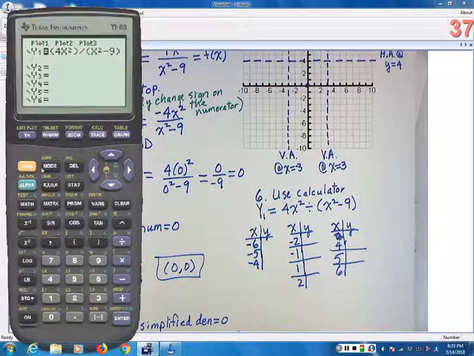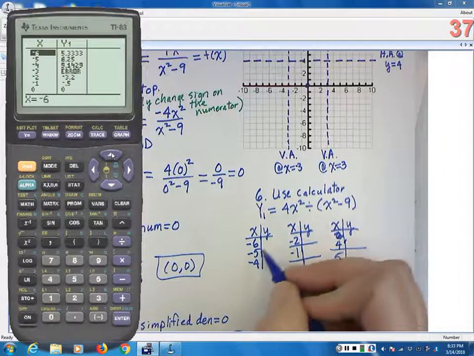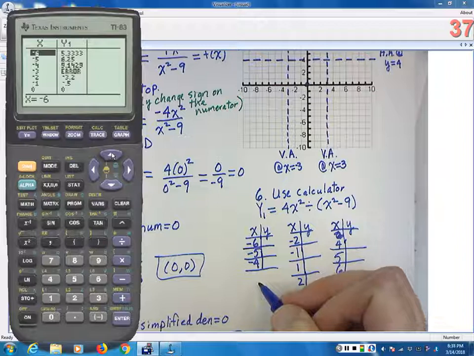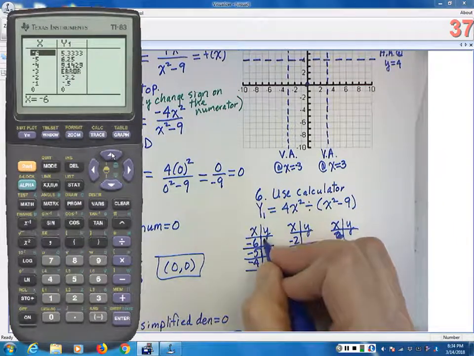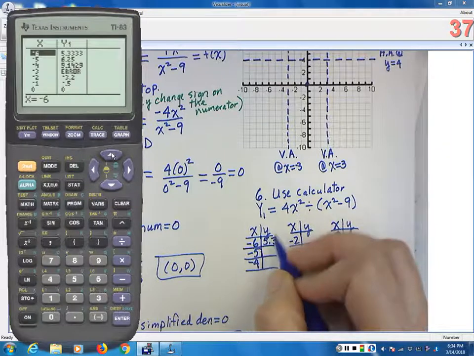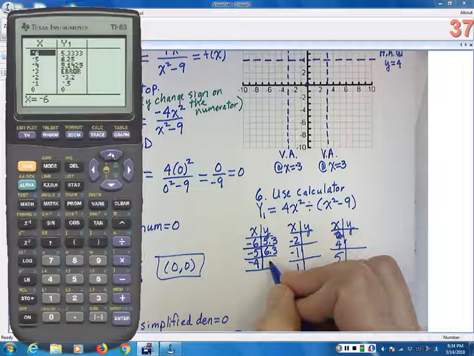Now we're going to do second table. And we're going to go down to -6. I'm just going to write 1 decimal place because we can't really graph any further than that. At -6 it's 5.3. At -5 is at 6.3. At -4 is at 9.1.